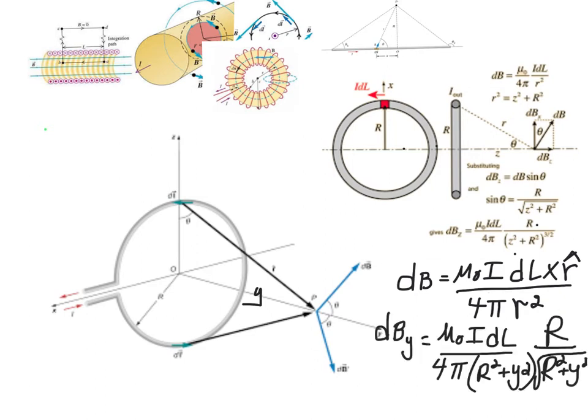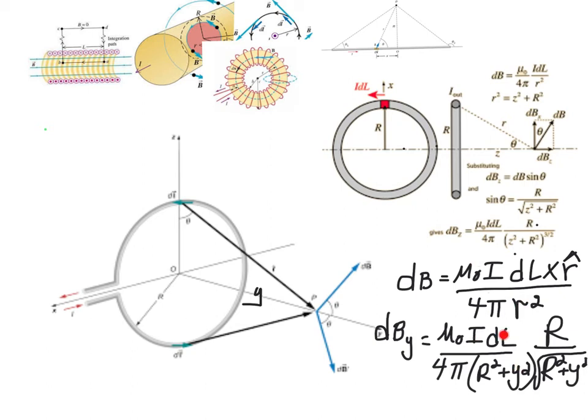Okay, so here we go. So this dl gives us a dB, a magnetic field vector, and all we want is the y component. Remember, this is our y-axis. All we want is the y component of it. And if this is our angle theta, then the y component will be the dB times the cosine of theta. So the dB is this, where the r squared is this.